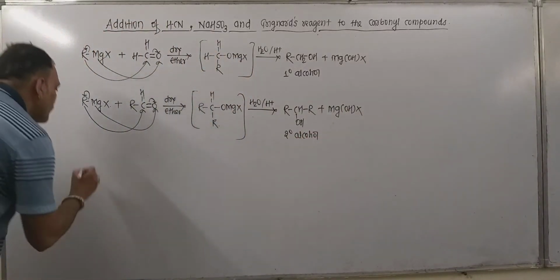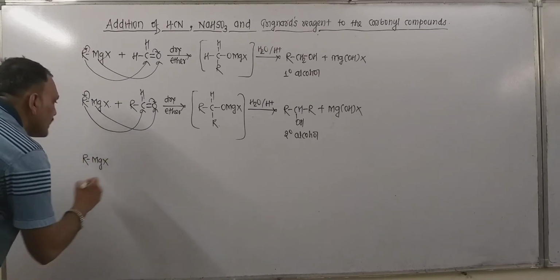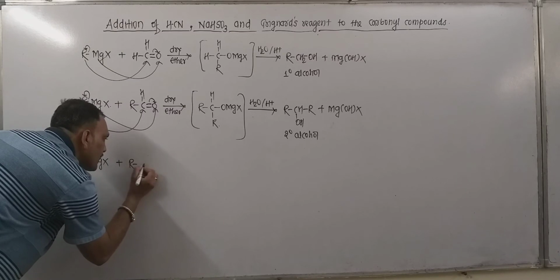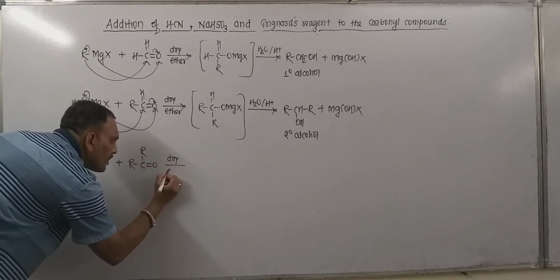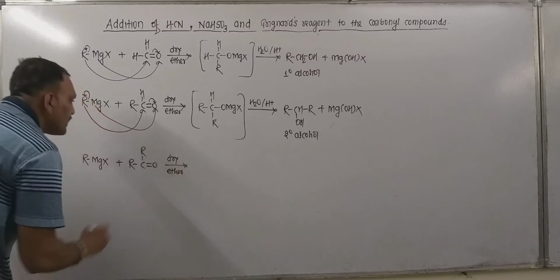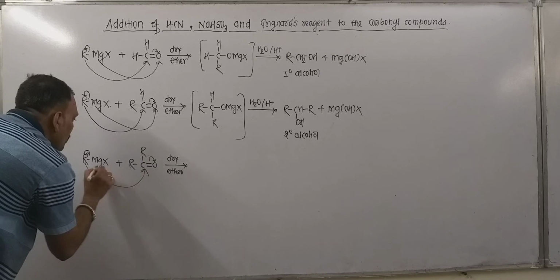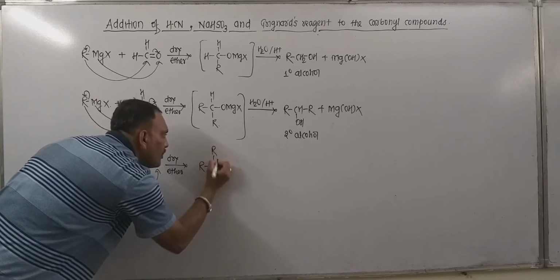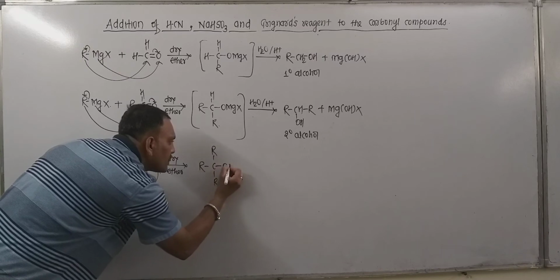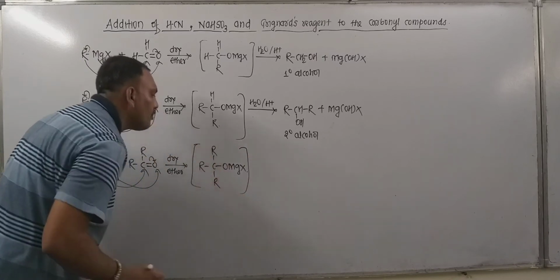Now ketones react with Grignard's reagent. Our Grignard's reagent is represented as RMgX. Ketones can be represented as RCOR. So in presence of dry ether, when Grignard's reagent is treated with ketones, then the addition can be shown as, so addition leads to the formation of an Mg complex which can be given as, so this is the Mg complex.